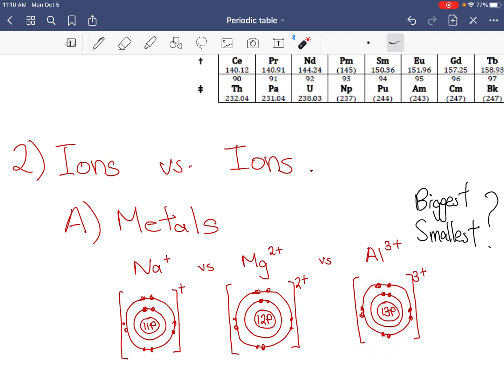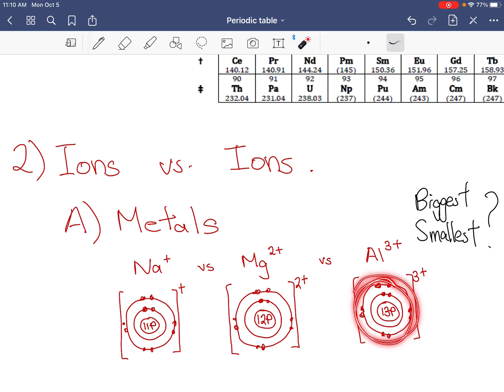So obviously, this one has the strongest nuclear charge with the same amount of electrons to worry about, so this is going to be the smallest because this is the strongest. At the same time, they all have the same number of electrons and the same number of shells.